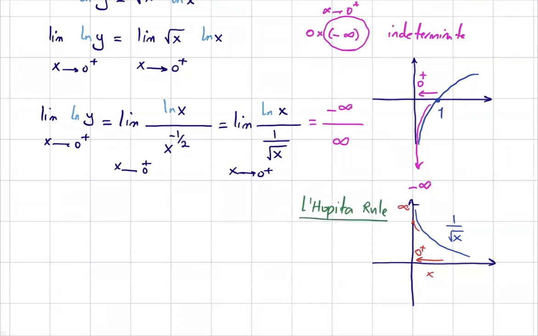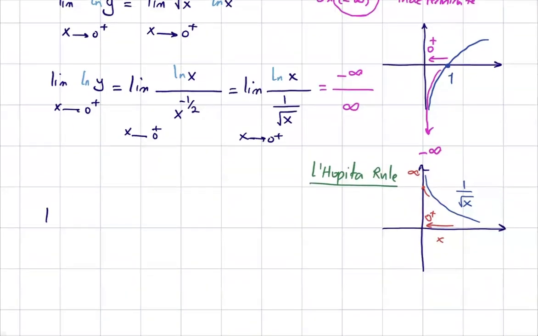So let us begin. The limit of ln of y as x goes to 0 from the right can be written as the limit of the derivative of ln of x divided by the derivative of, let us simplify this as a negative exponent.